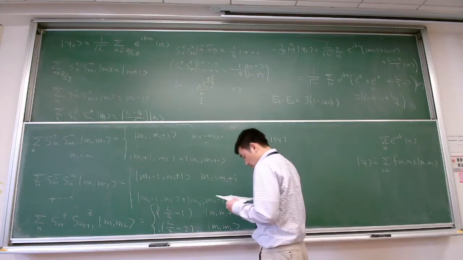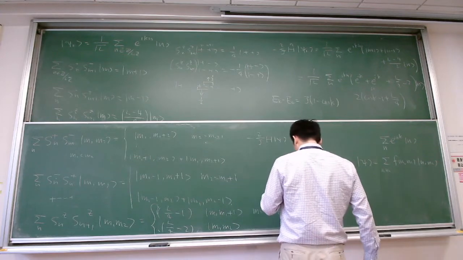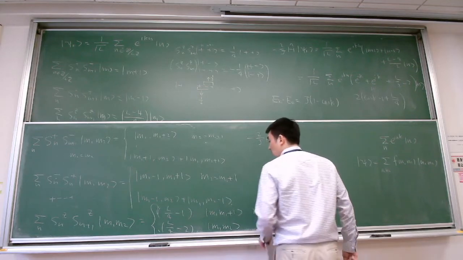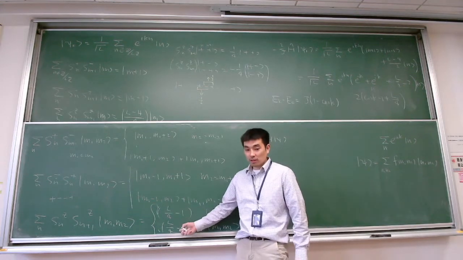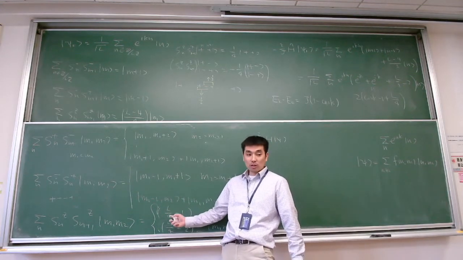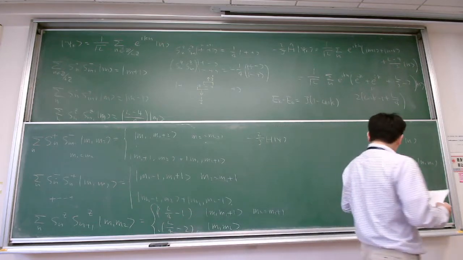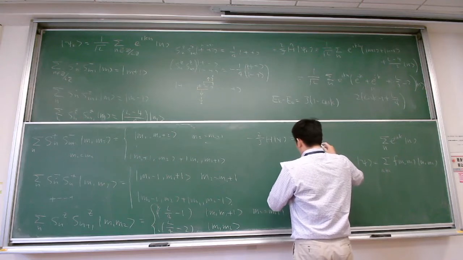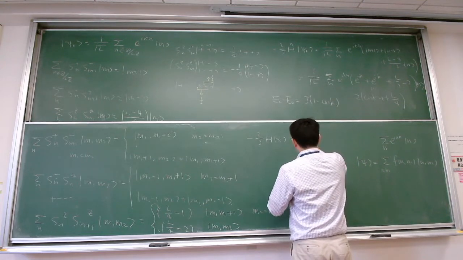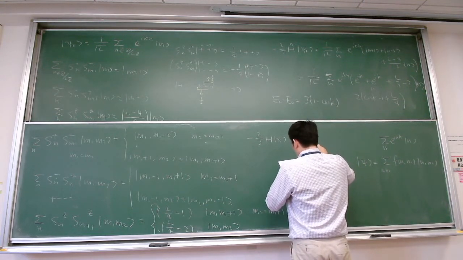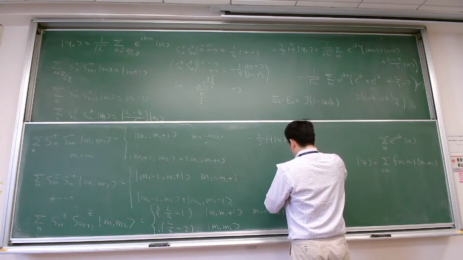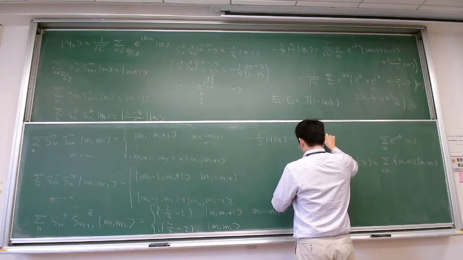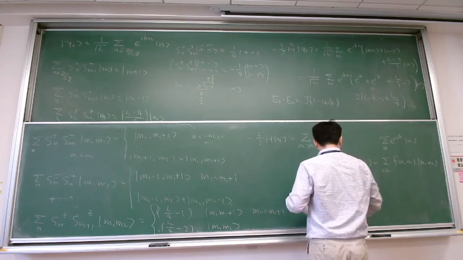So psi acts like this way. Okay, I think this is the correct way. I just wrote the over 2, this is a typo from last time, so you should correct it. So this guy is equal to sum of n2 is n1 plus 1, f n1 n2.